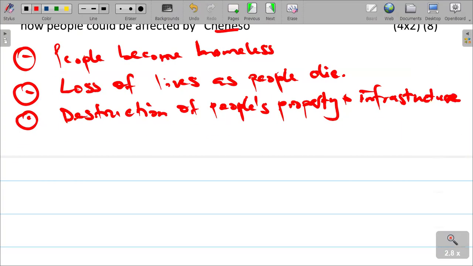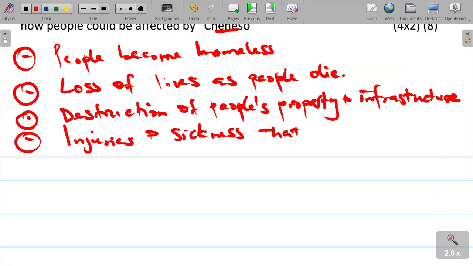And then we talk about injuries and sicknesses that people may have because of the effect of tropical cyclones, as the tropical cyclones are hitting these places.